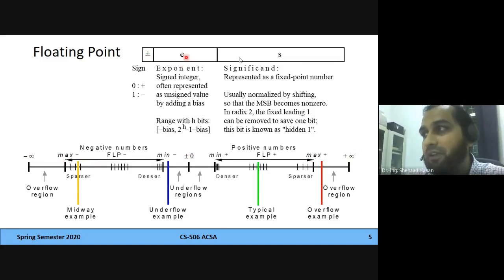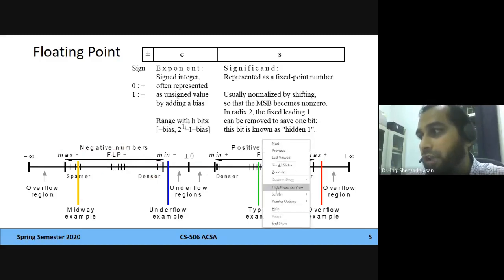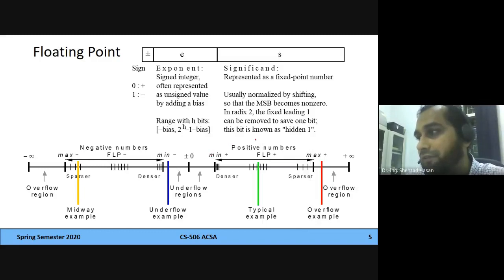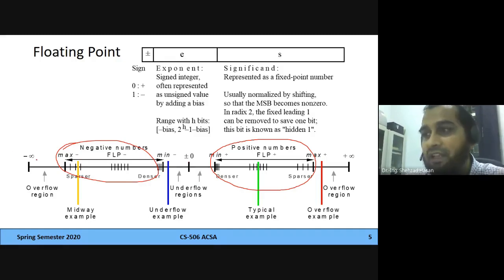If you're talking about this format, then what you can represent is just this part and this part. You cannot have anything other than that. So you can have numbers stored from here till here, so it's not very accurate. But you cannot have this, and neither can you have infinity or minus infinity.